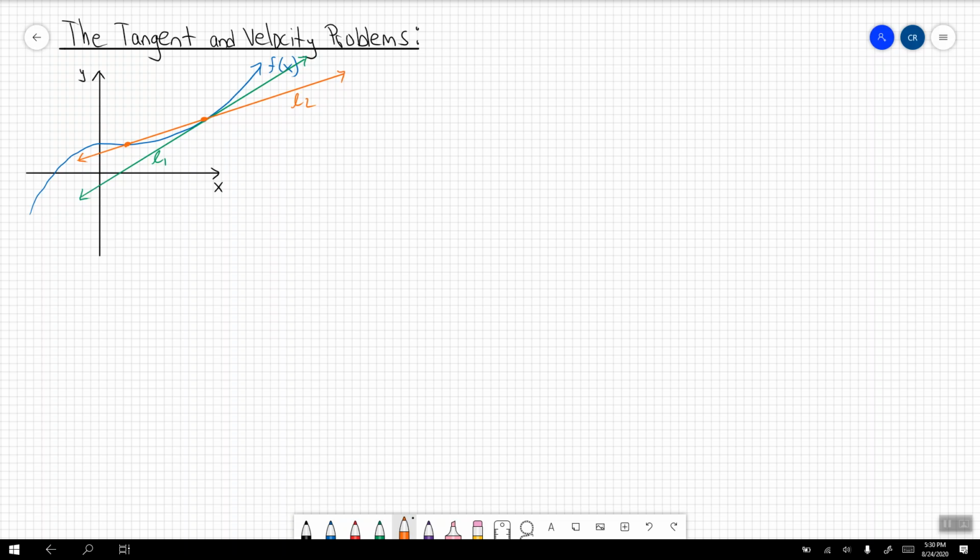So I am going to write here that the secant line will approximate the rate of change for f of x, and I'm going to say that this is point A, that way we can have a reference.